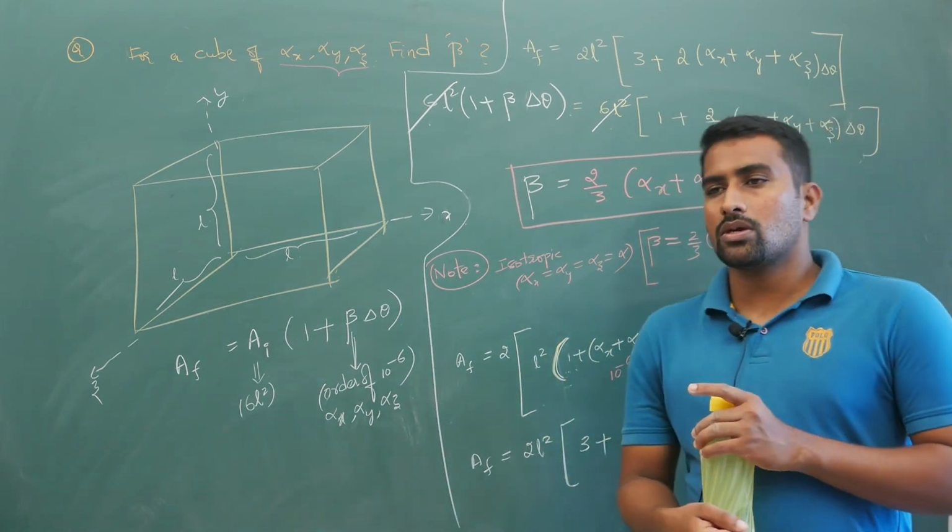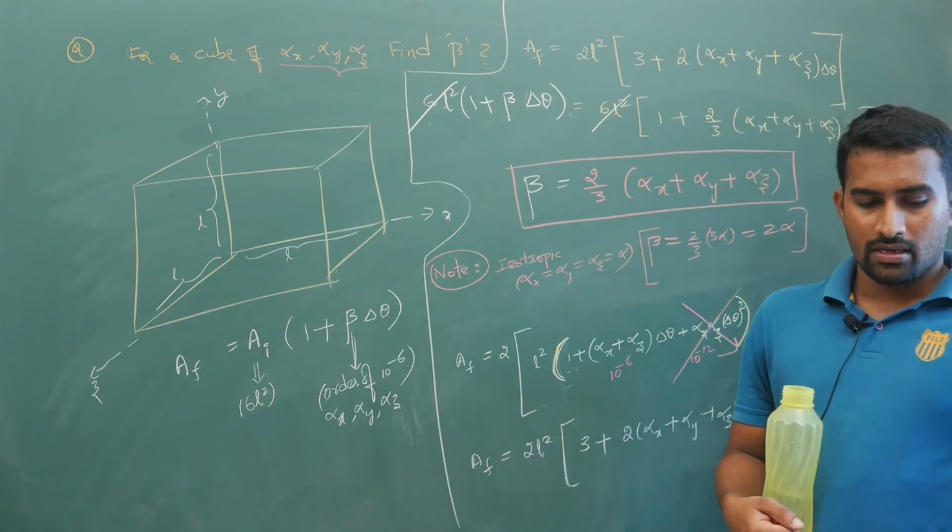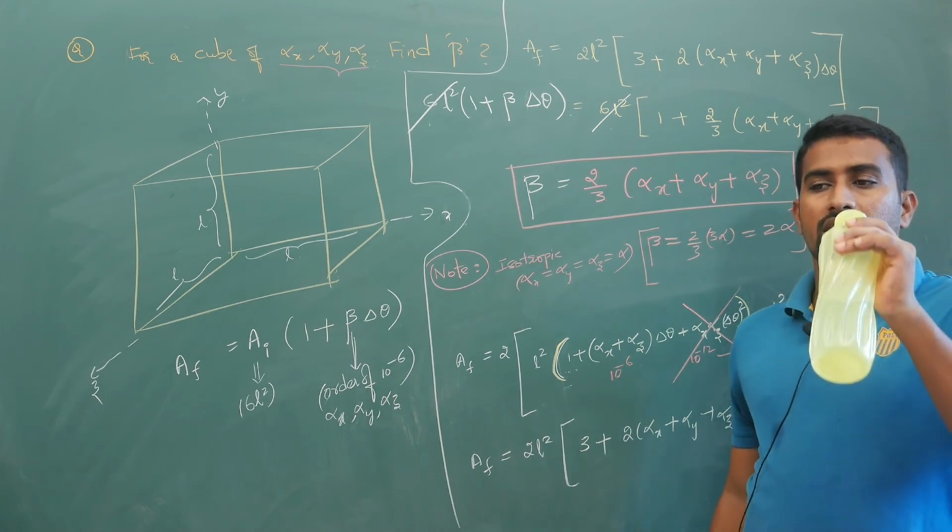Next, for the same cube, try to express gamma in terms of alpha x, alpha y and alpha z, try it.